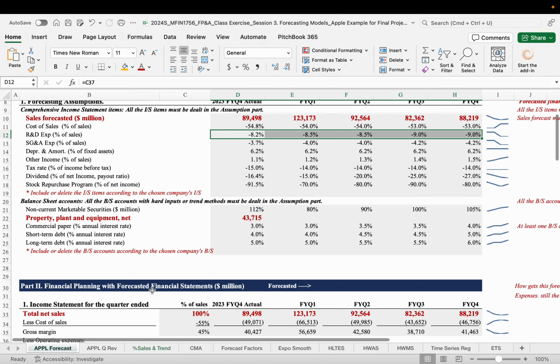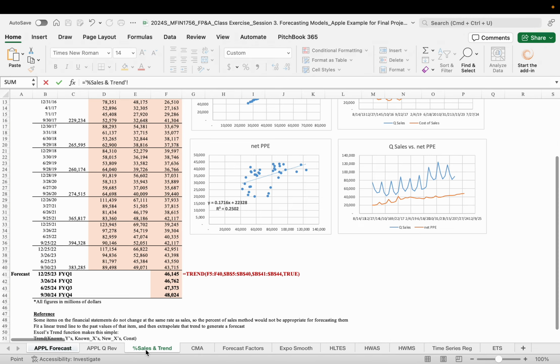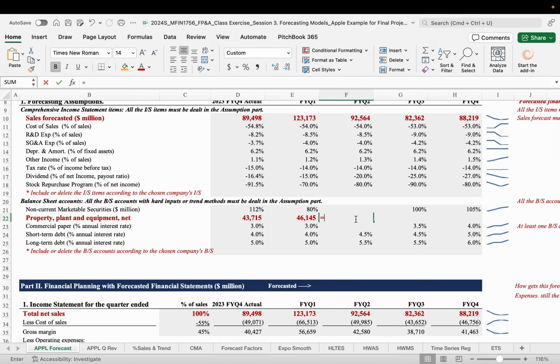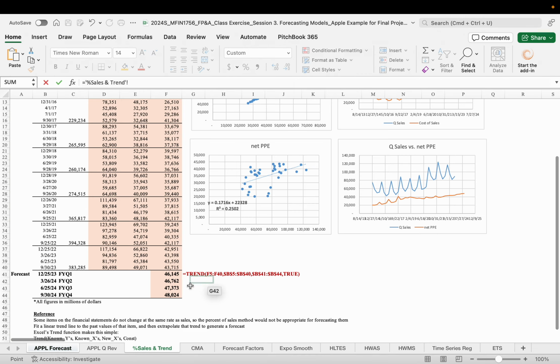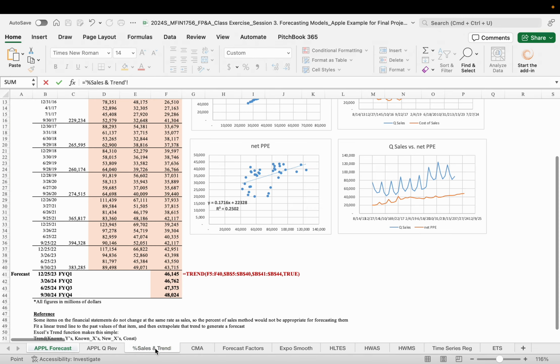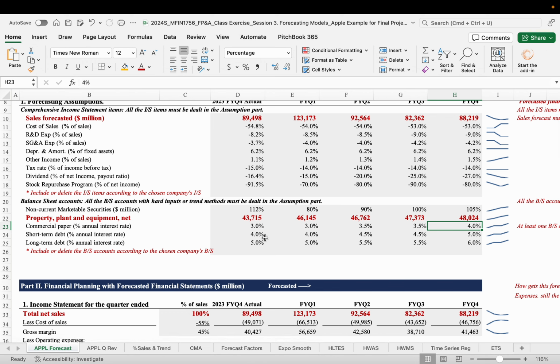right? So you can link equal this trend. So now you have the balance sheet account, the property, plant, and equipment here, right?